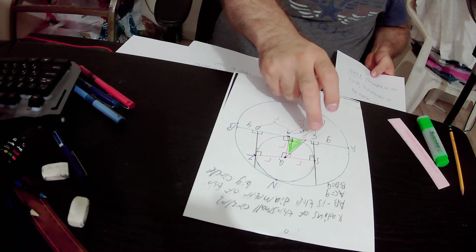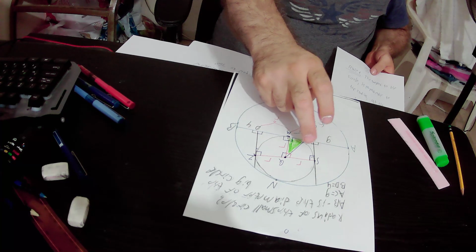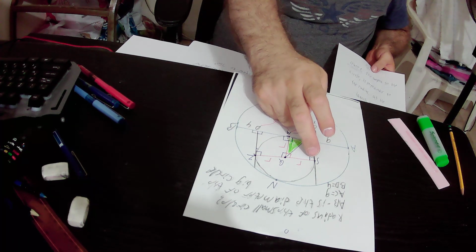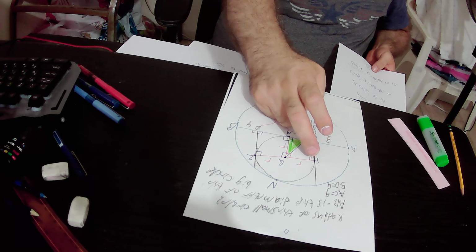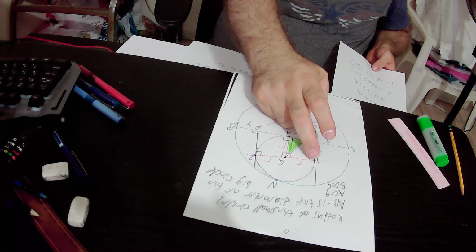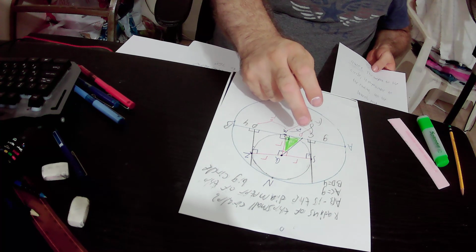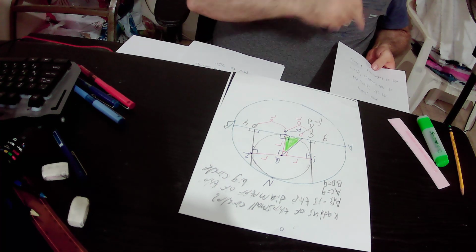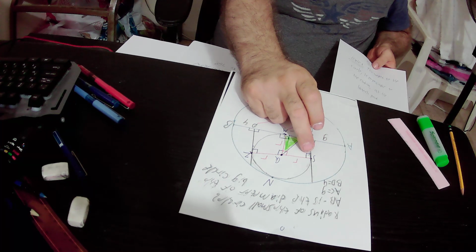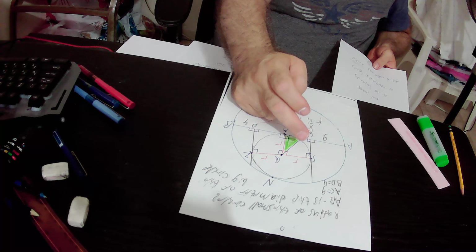Actually, the radius touches point S. Okay, the radius is drawn to the point of tangency. Therefore, according to rule number 1, the radius is perpendicular to the tangent. This is a right angle.